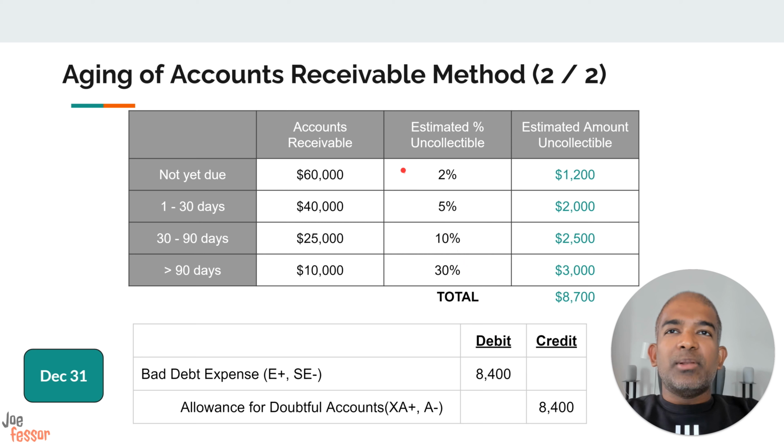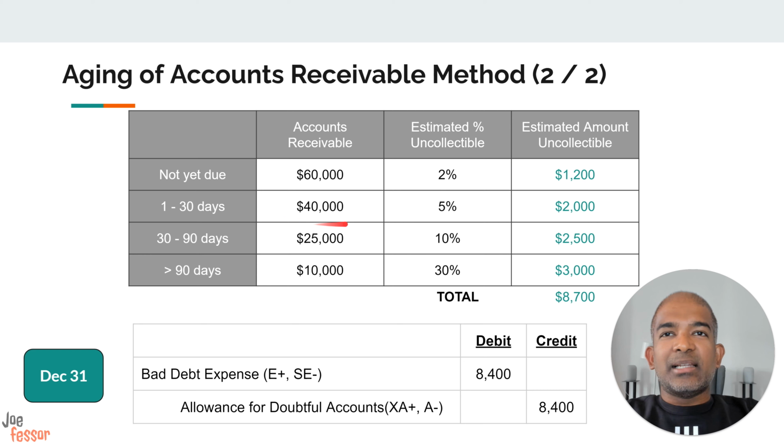First, let's calculate how much you estimate to be uncollectible in each of those categories. For receivables that are not yet due, the total receivables is $60,000, out of which Joe thinks 2% is uncollectible. So 2% of 60,000, he estimates he'll not be able to collect $1,200.